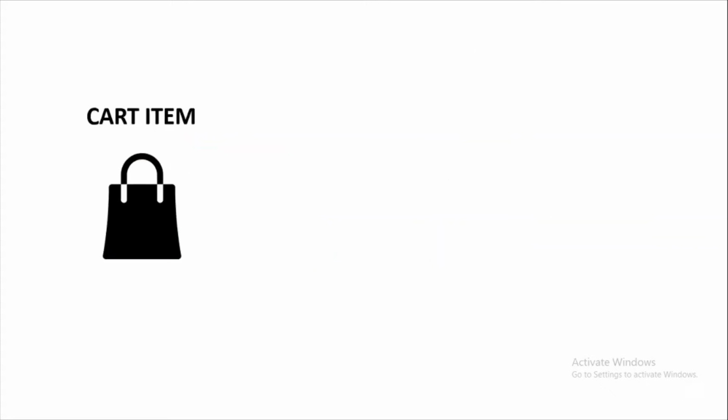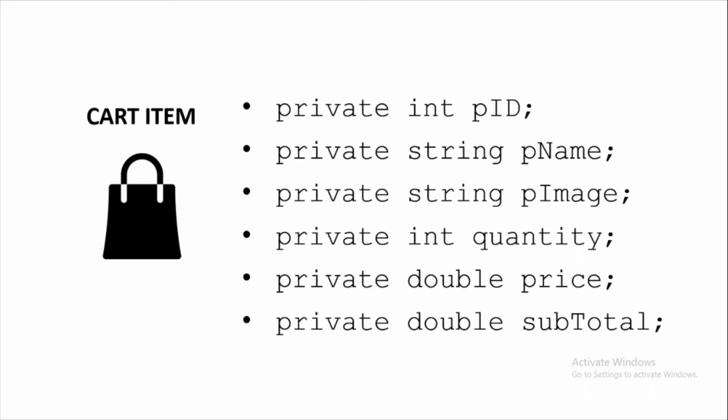When we talk about cart item, there are certain properties associated with it: the product ID, the product name, the product image URL, the quantity of course, the price, and the subtotal.